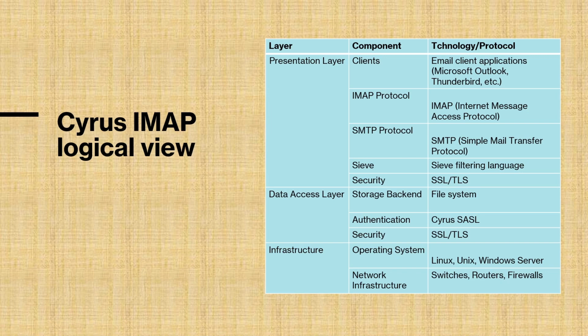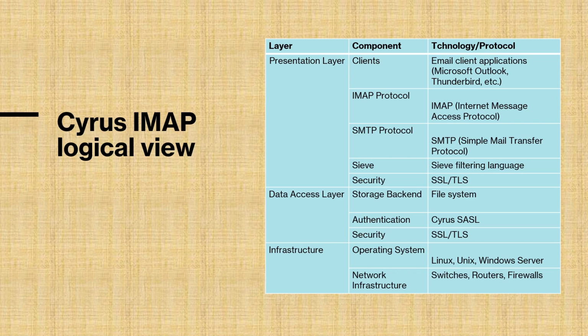Let's talk about the presentation layer. The presentation layer has four different components: the client, IMAP protocol, SMTP protocol, Sieve, and security. The clients are like Microsoft Outlook, Thunderbird, or Gmail, any email application.